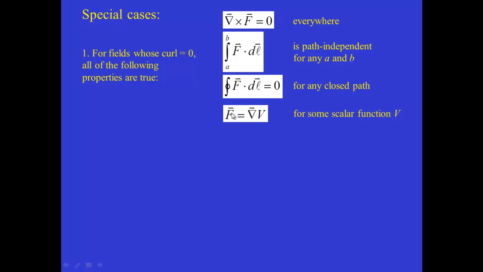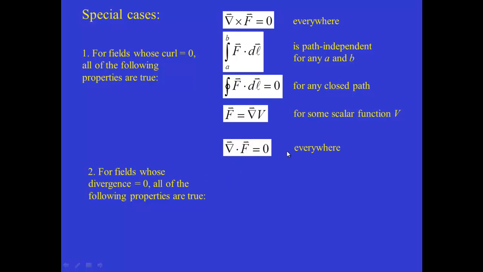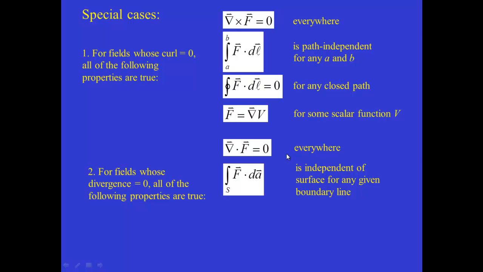So the second case is a kind of field where the divergence is 0 everywhere in space. Not only then is the divergence equal to 0, but a consequence of that is if we integrate the flux of that vector field over a surface, that flux integral is independent of the surface for any given boundary line.